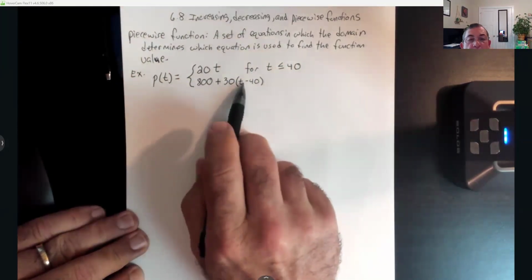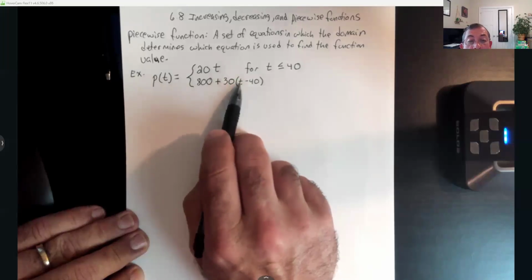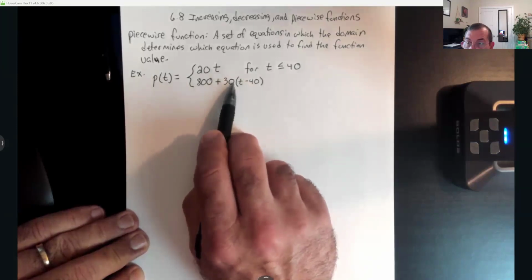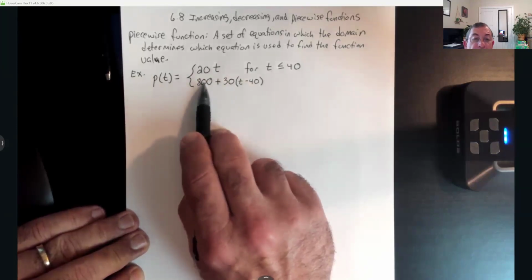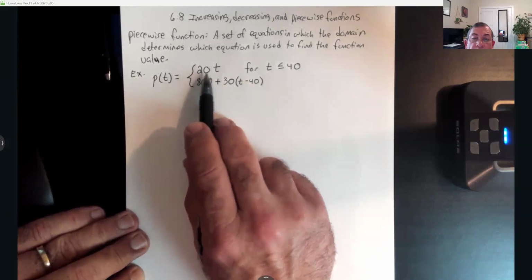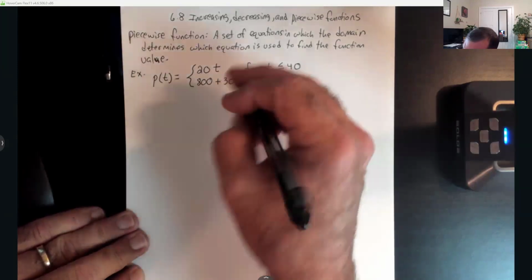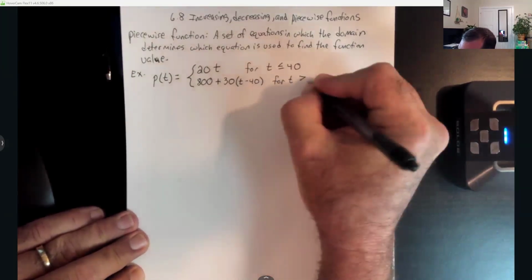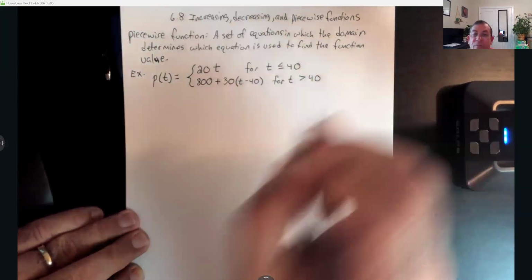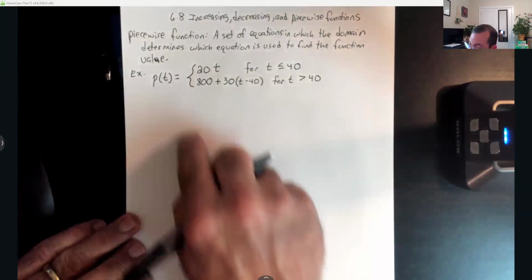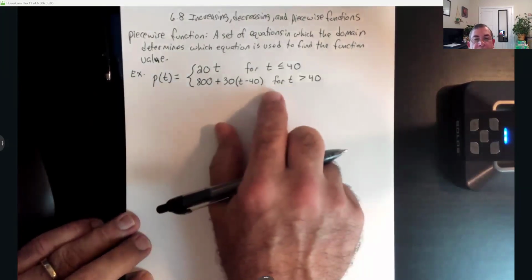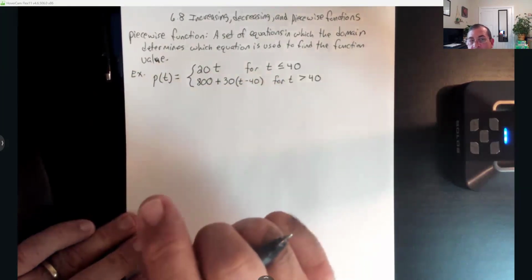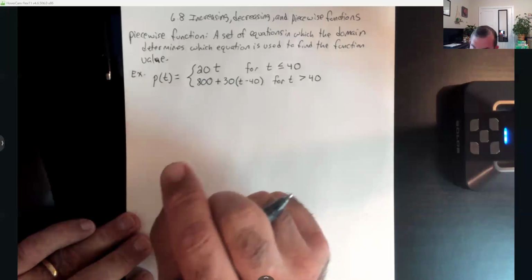So if you work 43 hours, 43 minus 40 would give me 3 hours at $30 an hour, plus my 800, which was 20 for 40 hours, okay? So I would use this for any T that was greater than 40 hours. Okay, so that's a basic set of equations for someone working and making $20 an hour.